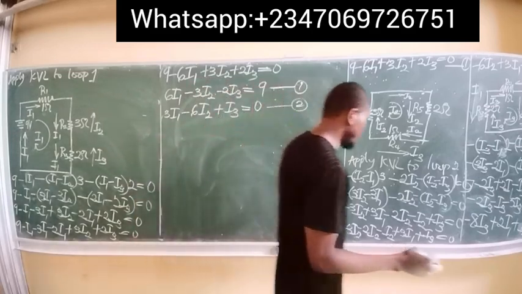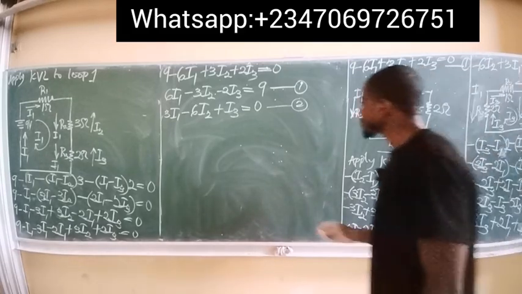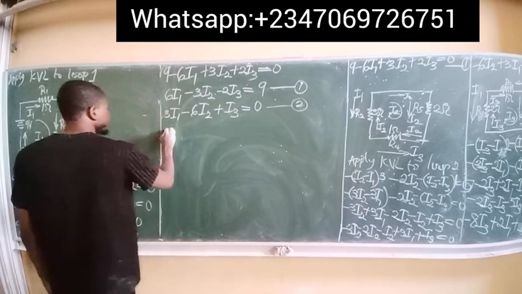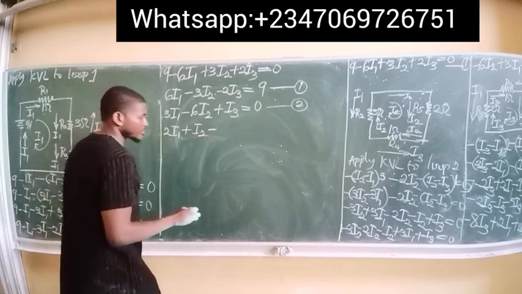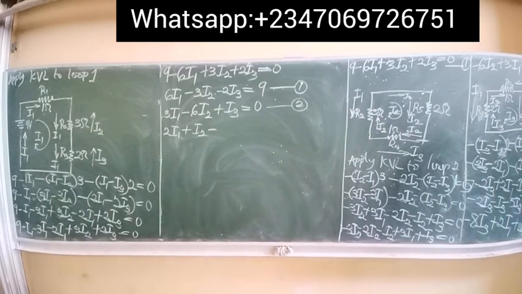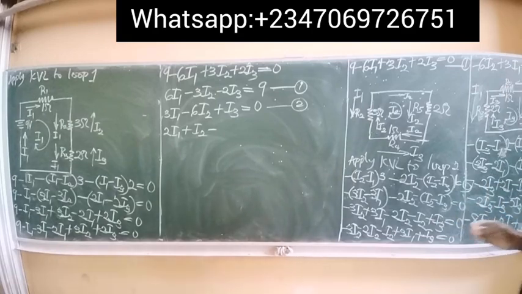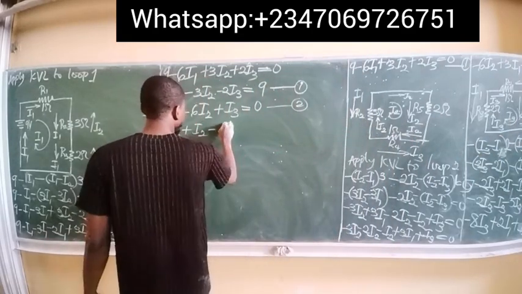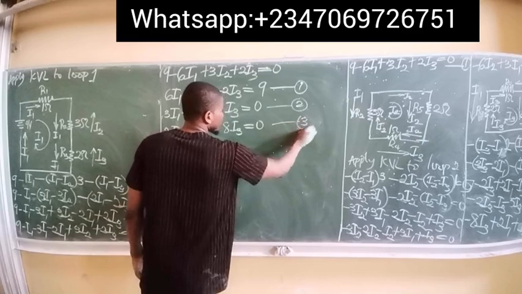And finally, the third equation, we can also write this in terms of I1, I2, and I3. It becomes 2I1 plus I2 minus 8I3 equals 0. This is equation 3.